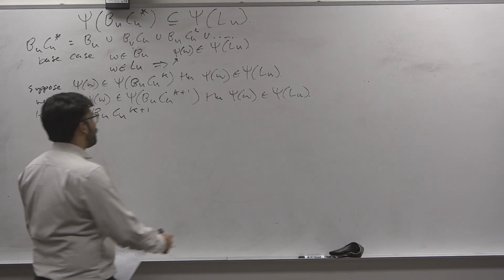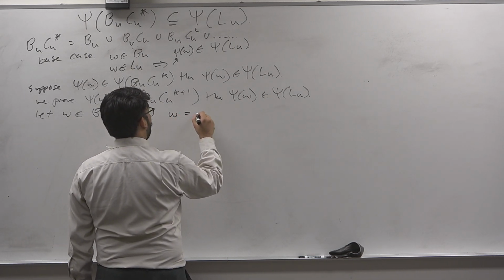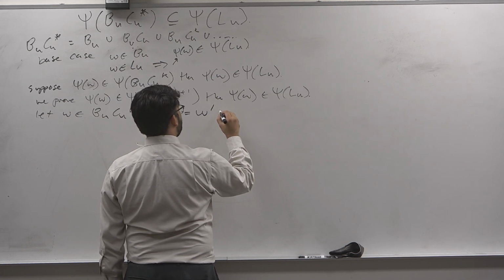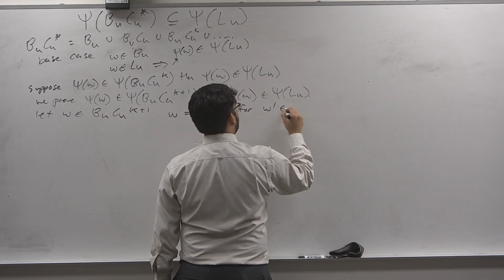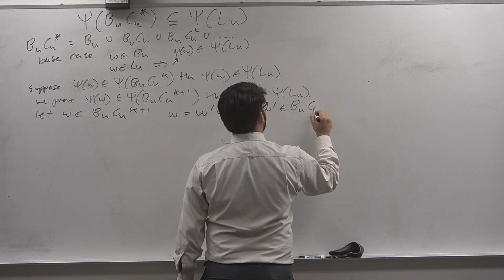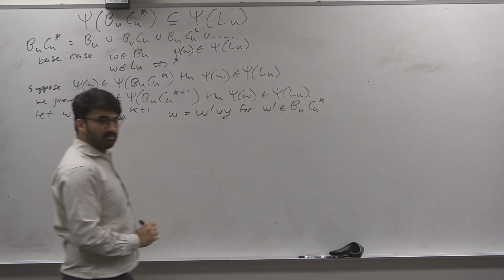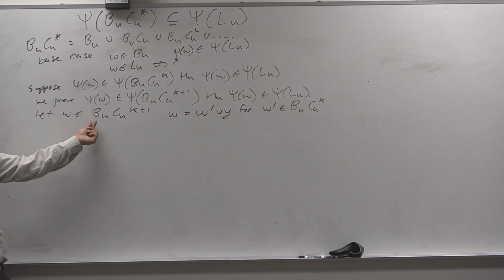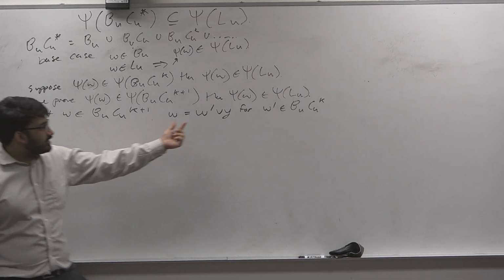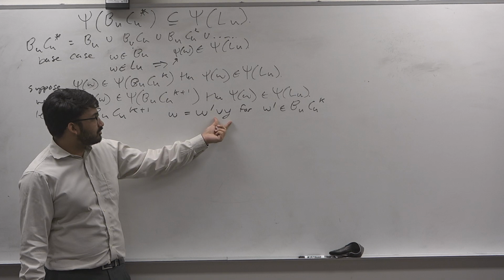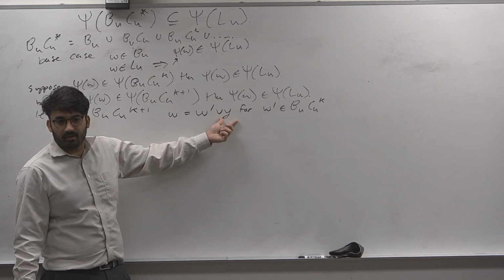So we can say that W is equal to some W prime Vy for W prime in BU CU to the K, right? There's some V portion and there's a C portion, whatever those are. Let W prime just be all that, and let that extra factor be this Vy here, okay?